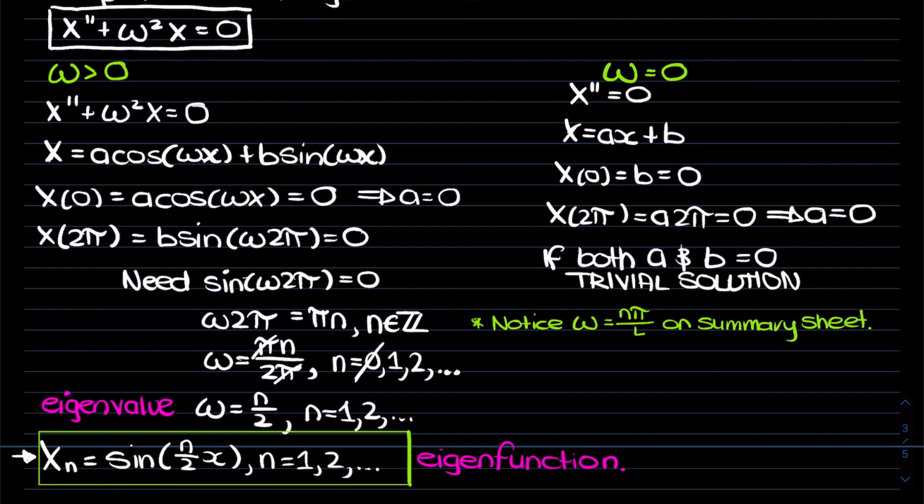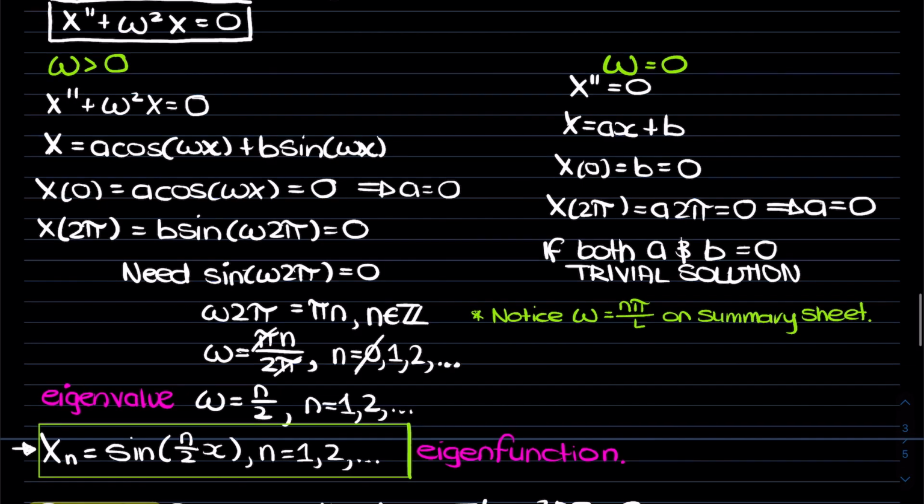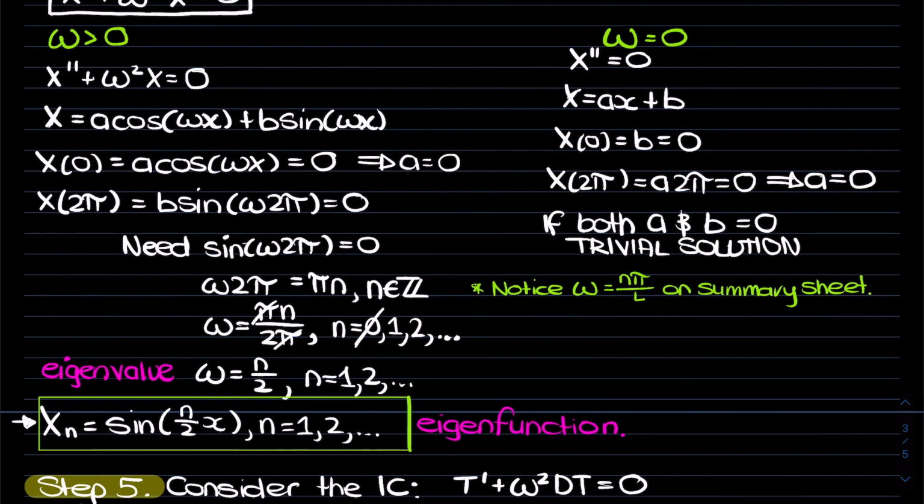The lambda greater than 0 gave us this eigenvalue of lambda equals n over 2. And you'll notice back from the summary sheet that the eigenvalue was lambda equals n pi over L, where L is our finite number. In here, L equals 2 pi. So you'll see that that was correct.